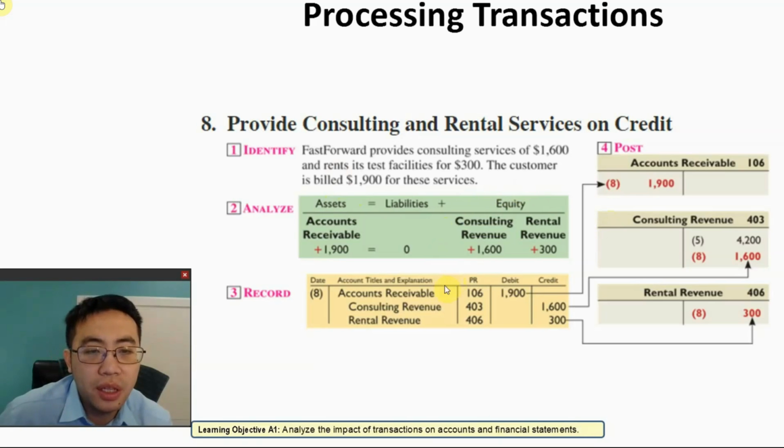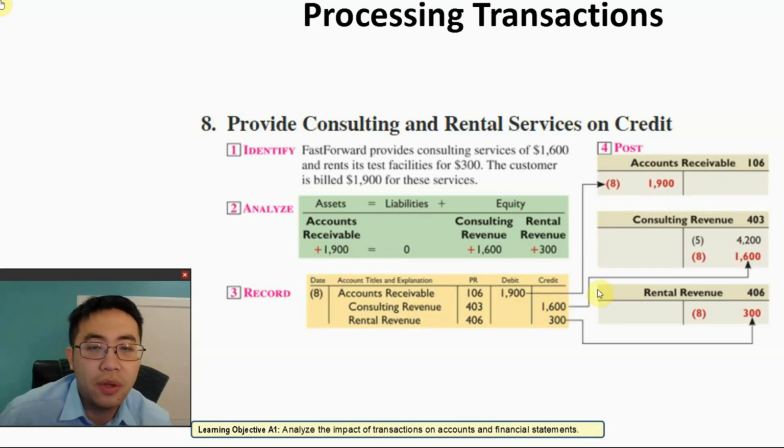And account receivable is an asset. So when assets increase, that's a debit. So you just happen to have an account receivable now, and that is a debit due to its asset feature. And when you earn revenue, and revenue, no matter what kind, is a plus on owner's equity, so that is a credit.